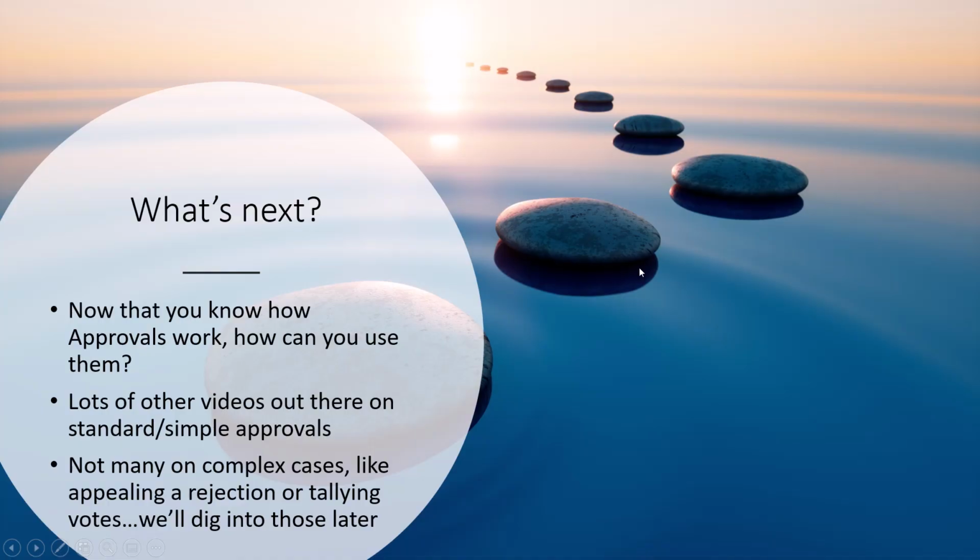And what's next? So basically now we've gone through all the nitty-gritty, the bits and pieces that make up approvals. We talked about the kinds of approvals and how we assign them and how we know that they're done, and we talked about logging that data.